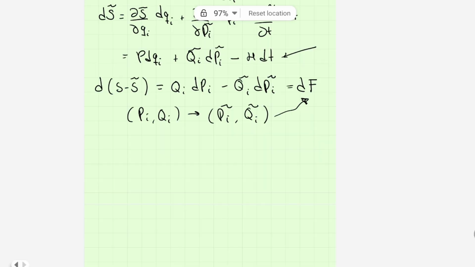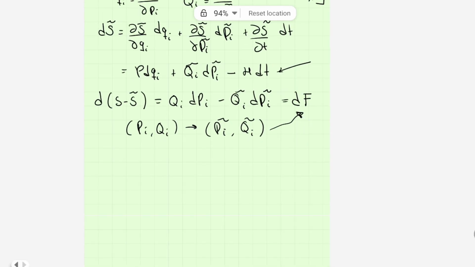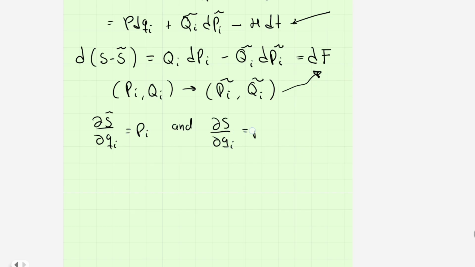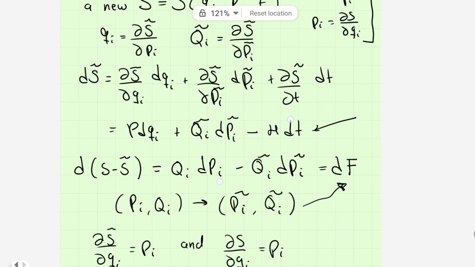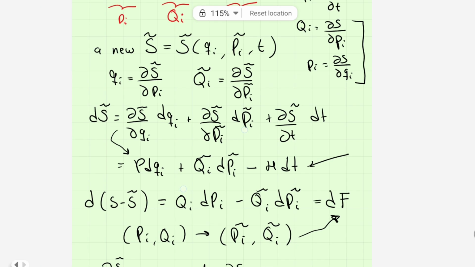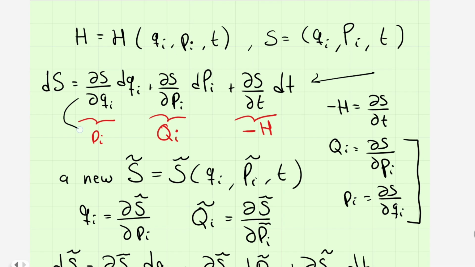Another thing we can notice is that for the variable qi, we have that the partial of S tilde with respect to qi is equal to pi, and the partial of S with respect to qi is also equal to pi. We can see this from this expression and from this expression here.